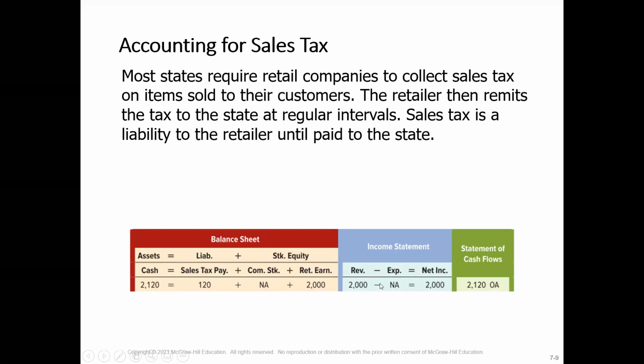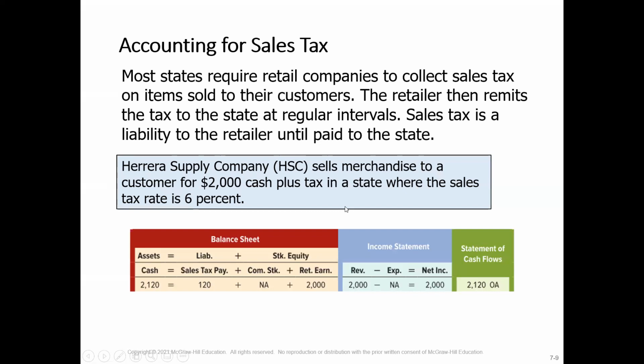And that makes our transaction balance. So there is no sales tax expense to the company, because actually the company is just acting as an agent between the customer and the state. They're receiving the sales tax and sending that sales tax right over to the state.